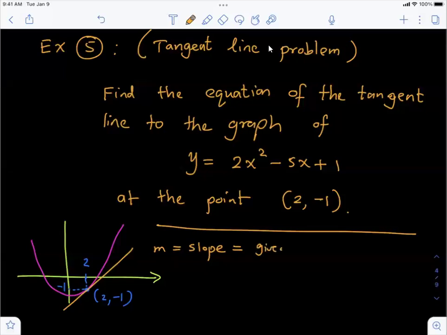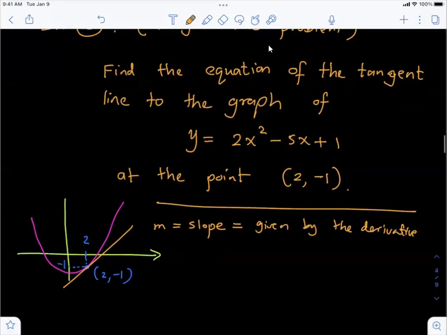And when you have the derivative and the slope, don't forget you already have one point on the graph, on the straight line, and now you have the slope. You can use the point slope formula to write down the answer. So let's do this process. The answer.